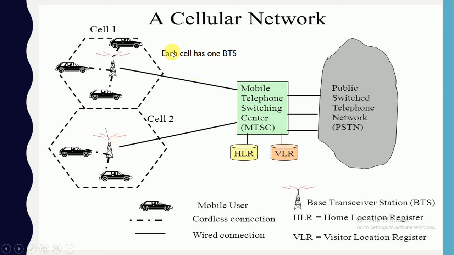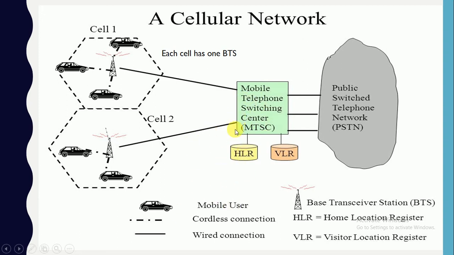I have written that each cell has one BTS, that is base transceiver station, and these BTSs are connected to MTSC, and MTSC is connected to HLR and VLR. VLR is connected to PSTN.